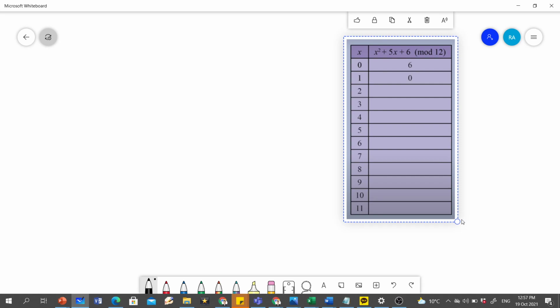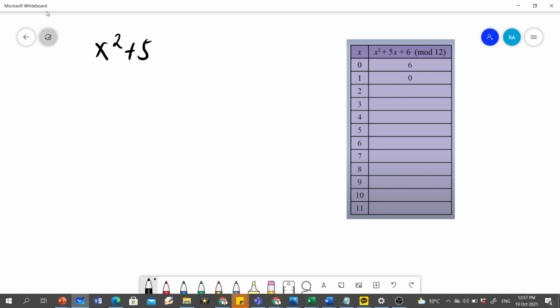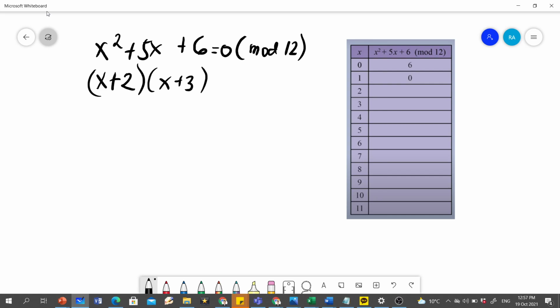If we plug in x squared plus 5x plus 6 equals 0, just like in the given equation, mod 12, then on the left-hand side the term is x plus 2 times x plus 3 equals 0 mod 12.